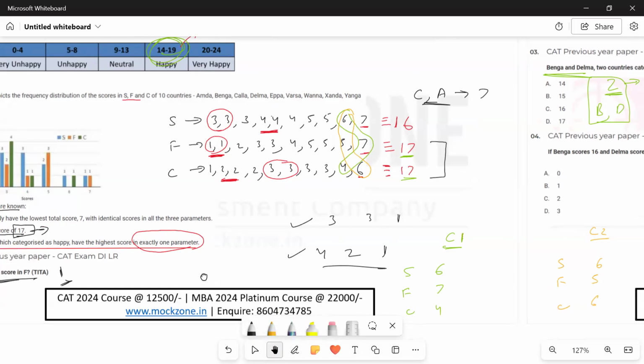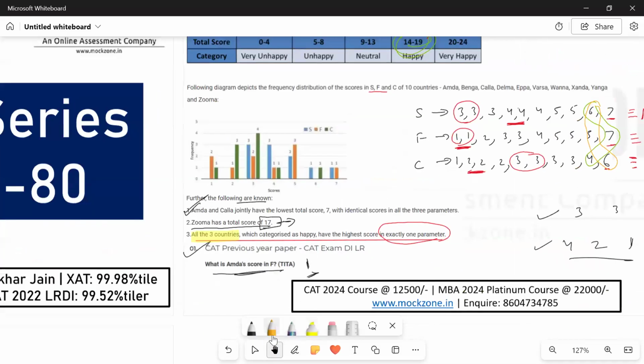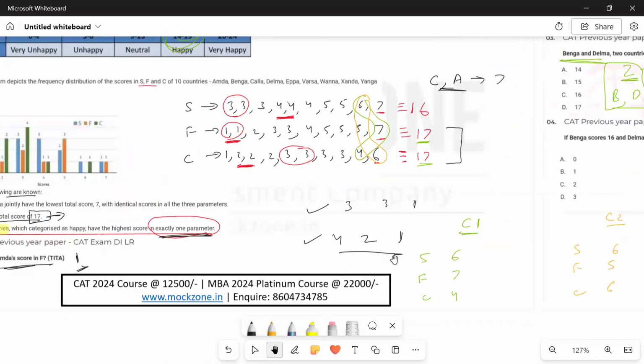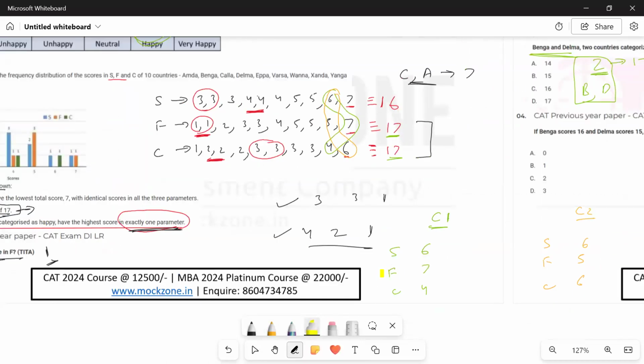Now we know that all the three countries which are categorized as happy have the highest score in exactly one parameter. So in this case, what is the highest parameter? F. And in this case, which is the highest parameter?